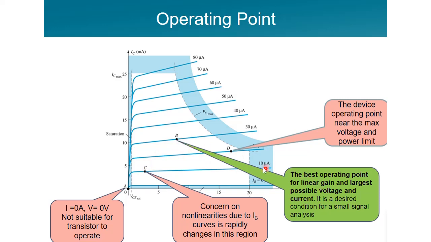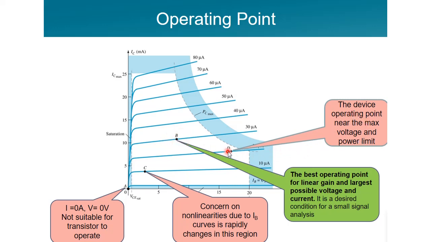The B point is the best operating point for linear gain and largest possible voltage and current. It is a desired condition for a small signal analysis. So take a look here. B is at the center of the active region.